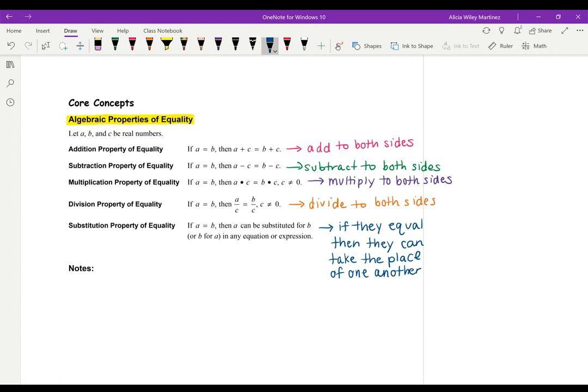So say you know A equals B, and you have an equation like A plus C equals B plus D. If you know that A equals B, then I can substitute the A with B, and it still means the same thing. That's what the substitution property states.